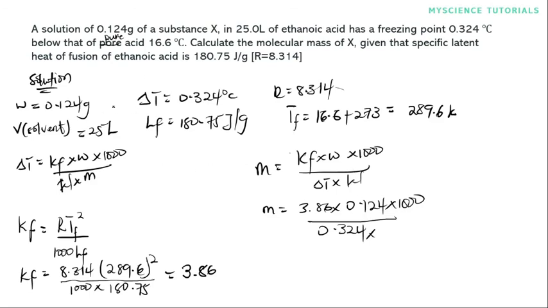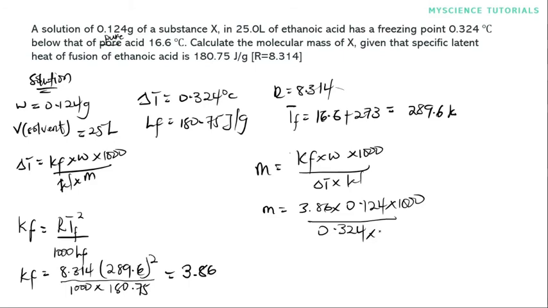We were given volume, but we were not given any density for us to be able to calculate the mass of the solvent. So because we were not given capital W, and we were only given the volume to be 25, and we're not given density for us to be able to calculate the value of our capital W, we use the 25 there as the mass of our solvent.